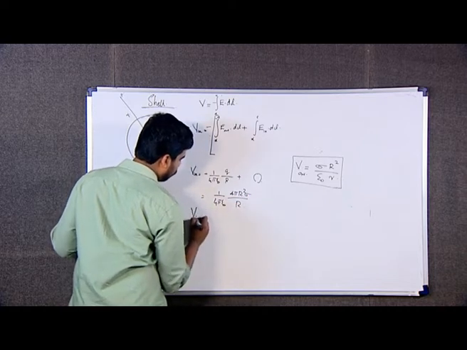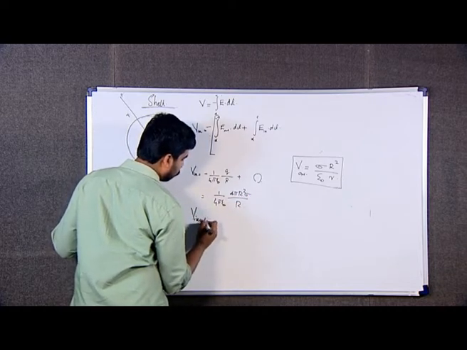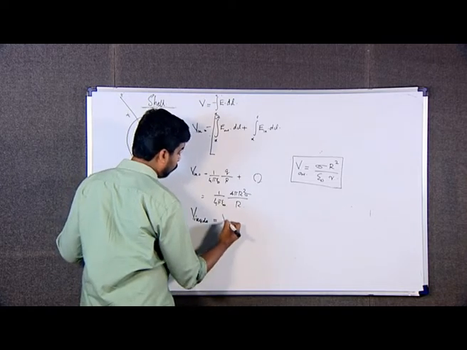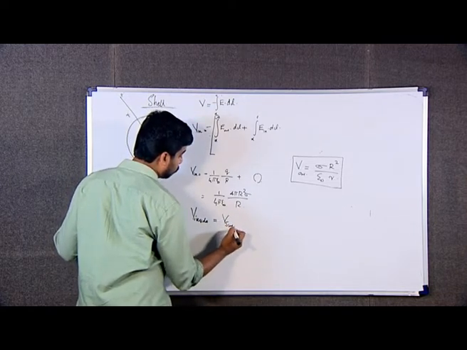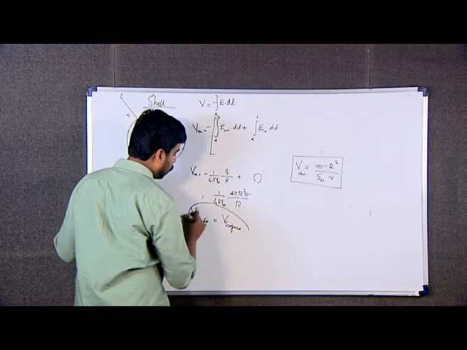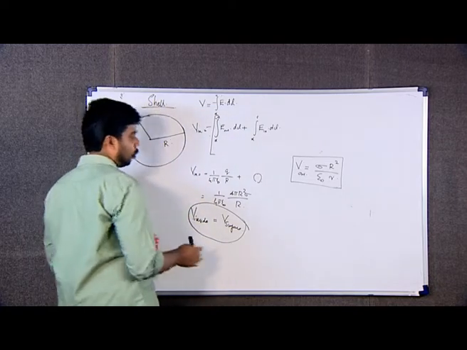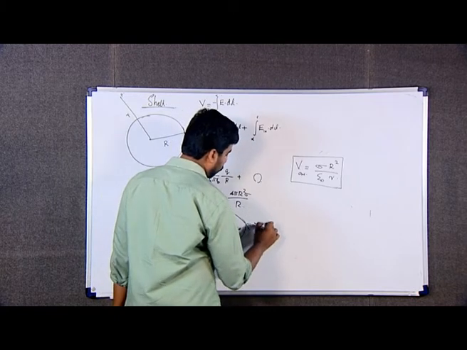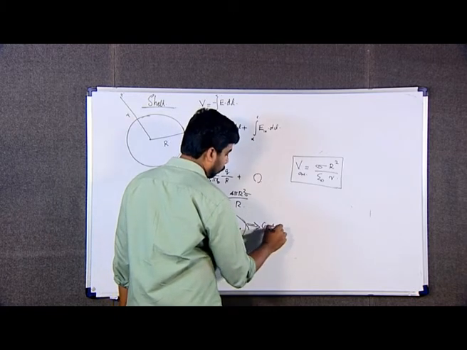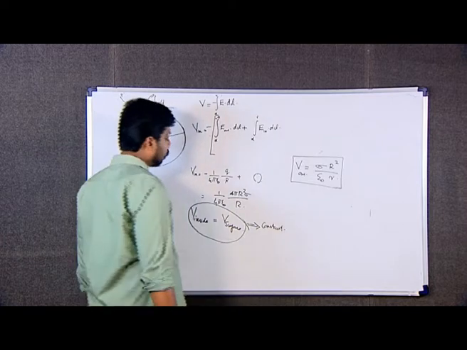That means V inside is equal to V at the surface, and the potential inside the shell is a constant, which has the constant value of the potential at the surface.